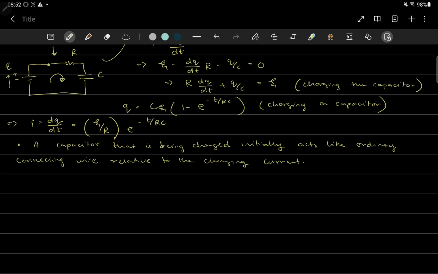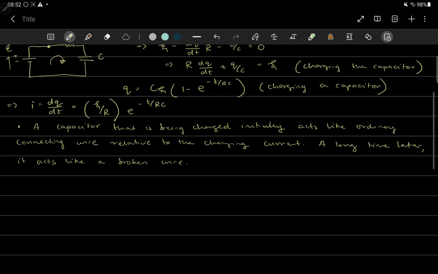But after a long time, it acts like a broken wire. Now, what does that mean?